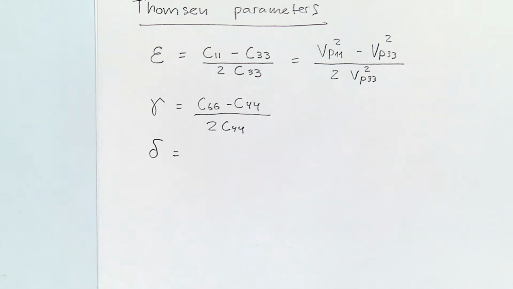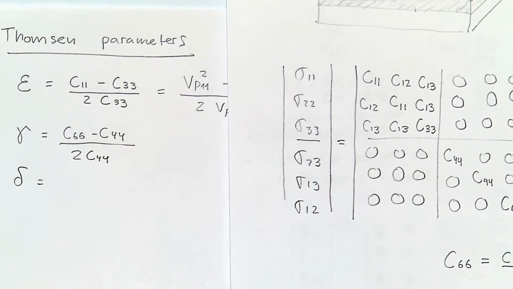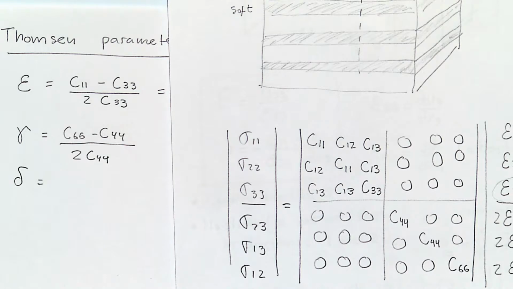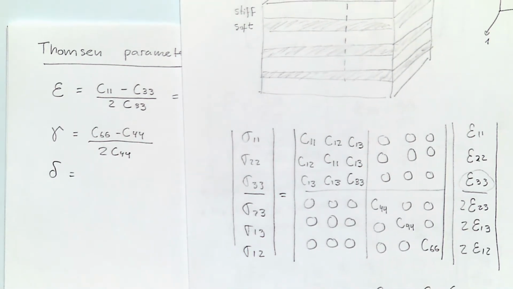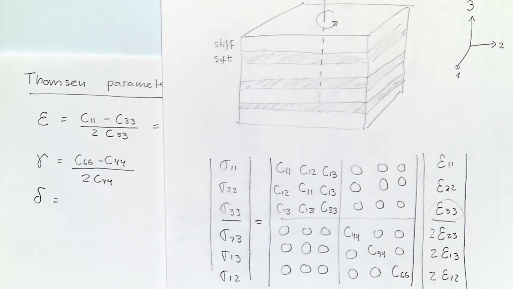C66 is the shear stiffness in the plane 1, 2. And C44 is the shear stiffness in this case, or the shear modulus, in direction 1, 3 or 2, 3. Usually, also, that's going to be a positive number.